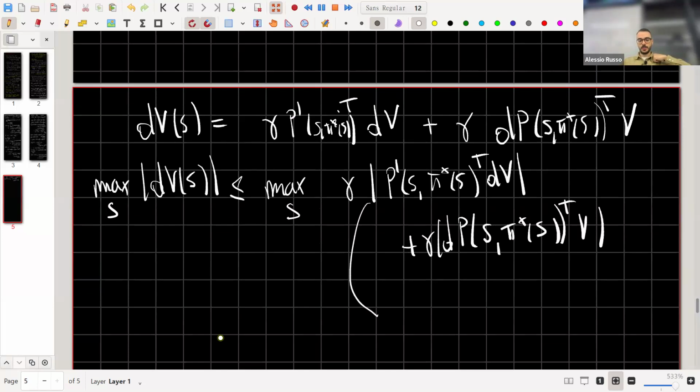So this quantity is also upper bounded by the infinity norm of dV by Hölder's inequality. And this quantity here on the left is also the infinity norm of dV.